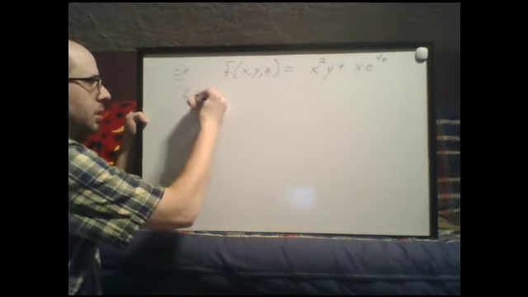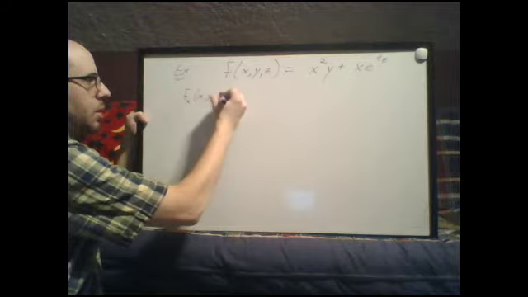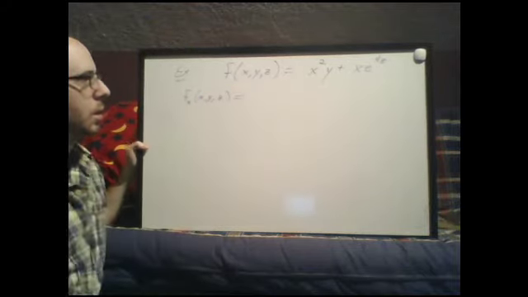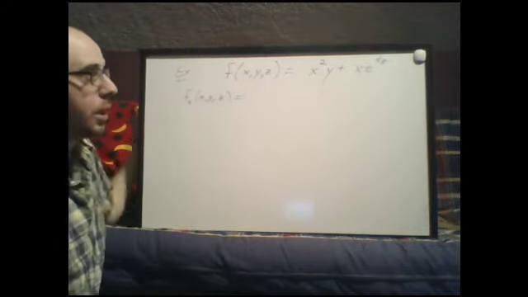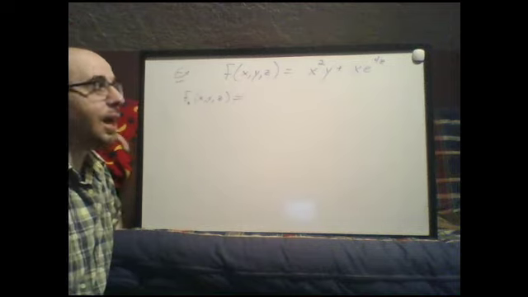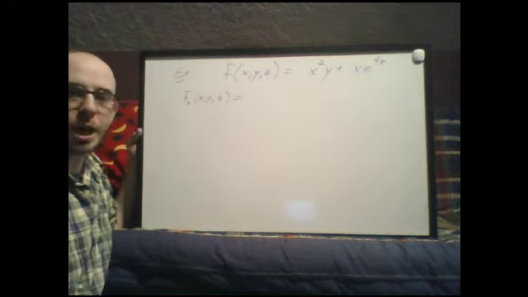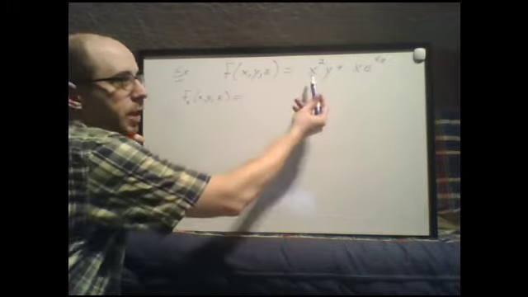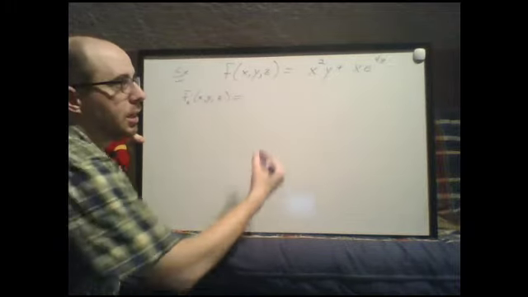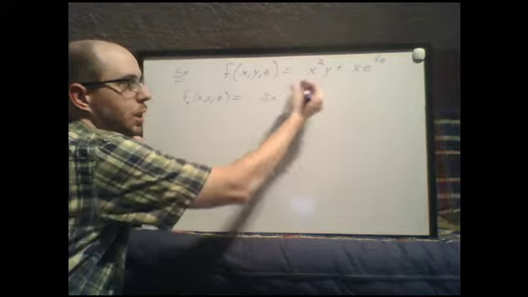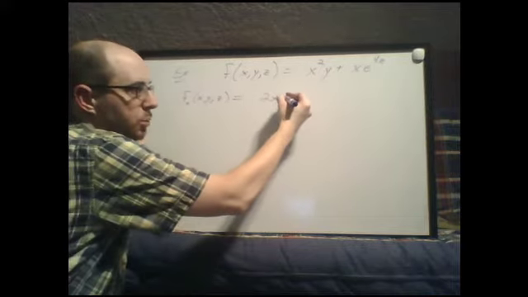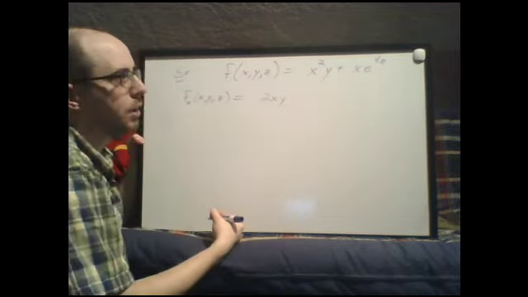F sub x. I take the derivative with respect to x. That means I treat all other variables as constants. So the derivative of x squared y with respect to x is going to be 2x. Y is just a constant multiplier, so we leave it there, 2xy.